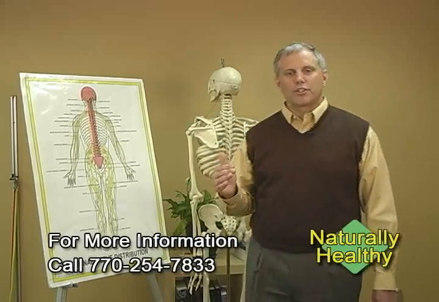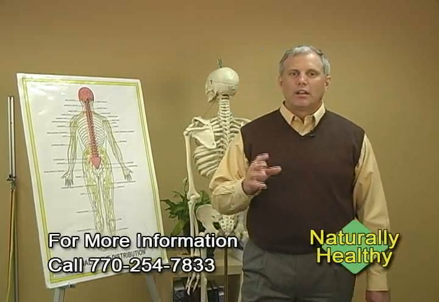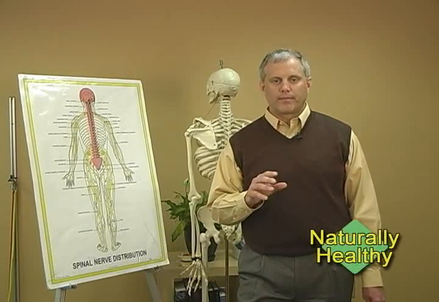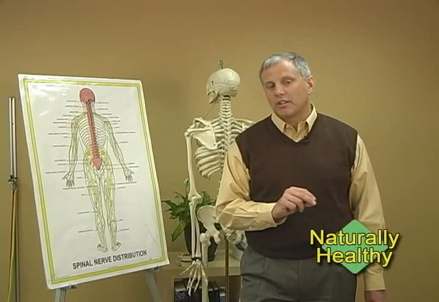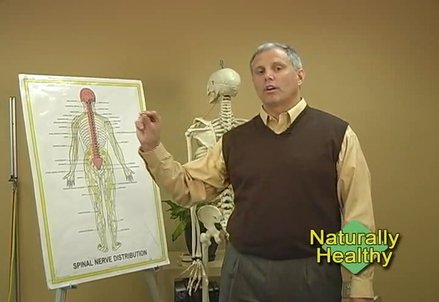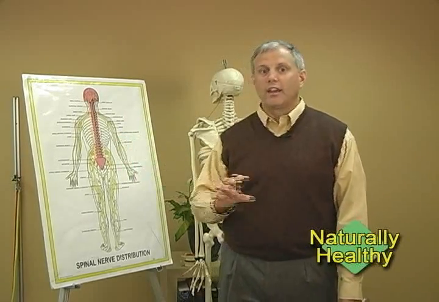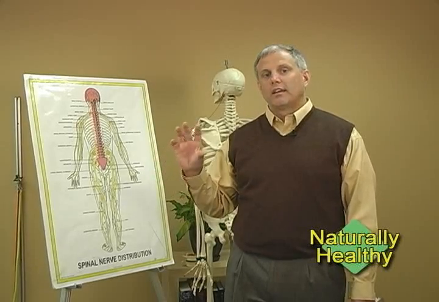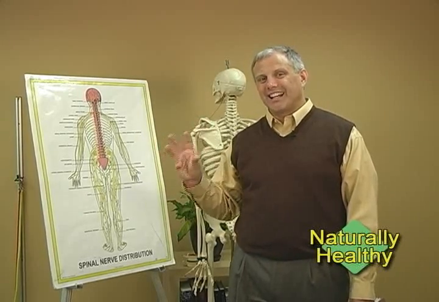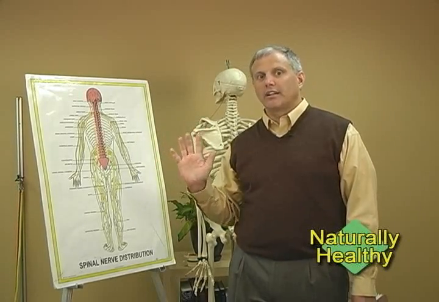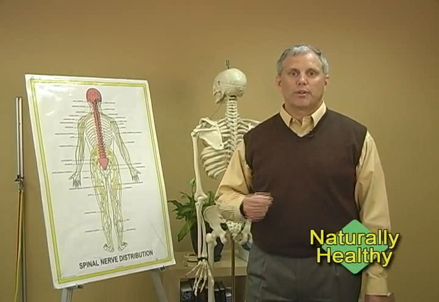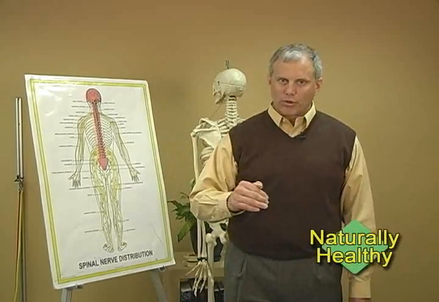Now, earlier in the show, we talked about how different types of receptors receive a stimulus and send information up a nerve towards the spine, not away, towards the spinal cord, to tell it what's going on and then ultimately tell the brain what's going on so it can respond with that motor response.